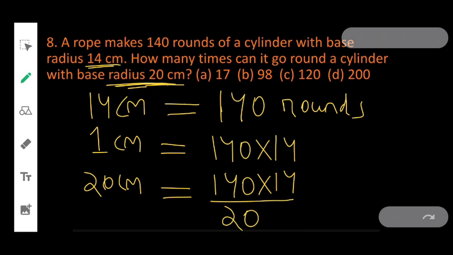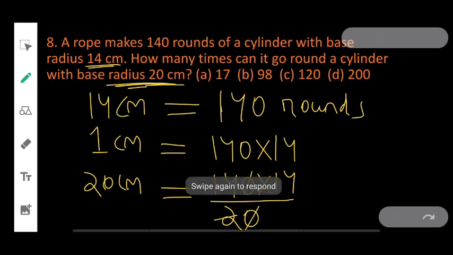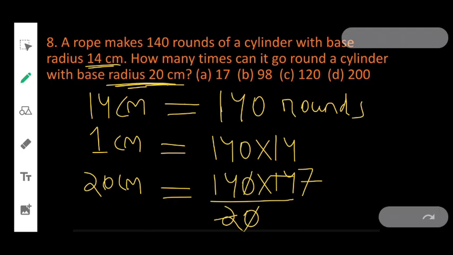Clear? Now 0 0 cancel, 2 7s are 14. So 14 multiplied by 7 equals to 98. So correct option is B.